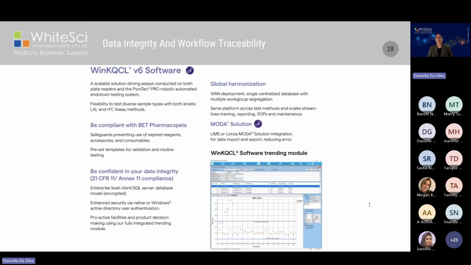As laboratories become increasingly digital, data management becomes just as important as assay performance itself. Generating accurate results is only one part of the process. Laboratories must also be able to demonstrate traceability, consistency, and data integrity. Modern software platforms help support these requirements through automated calculations, standardized templates, audit trails, and electronic record management.